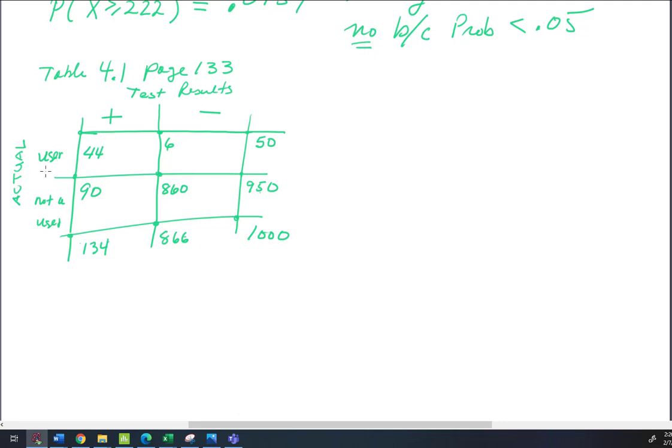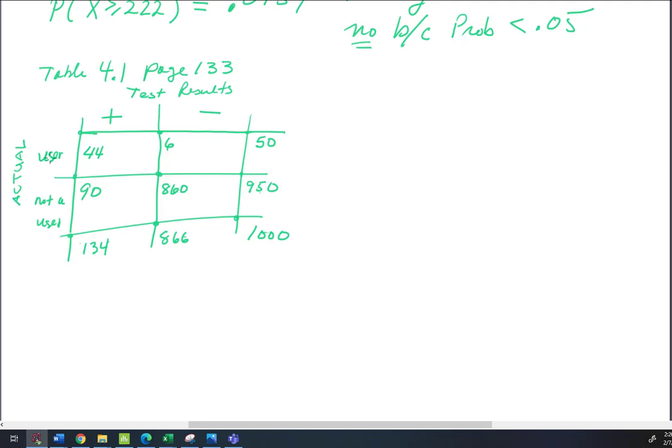But we still talk about actual has been exposed and has antibodies or not, and test results that are positive or negative. And I'm sure you're very, very familiar, probably more familiar with that than I am. But here, what are these outcomes in this table?